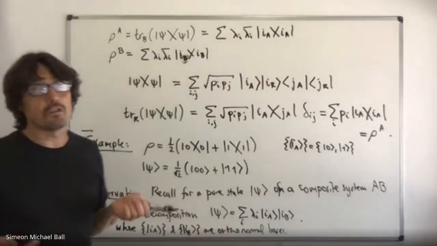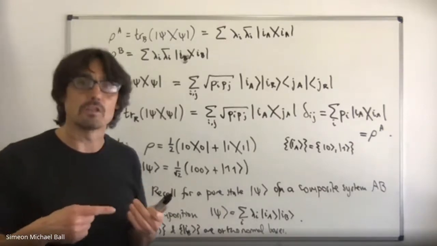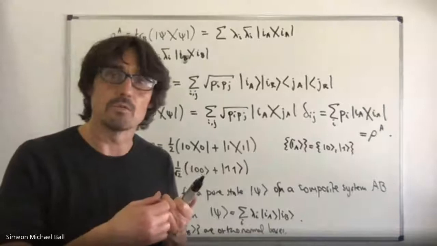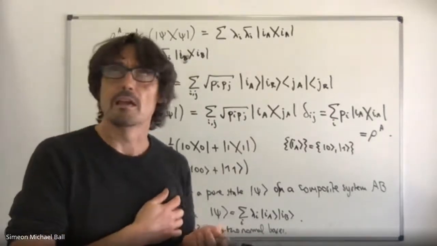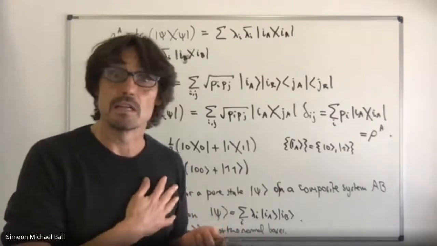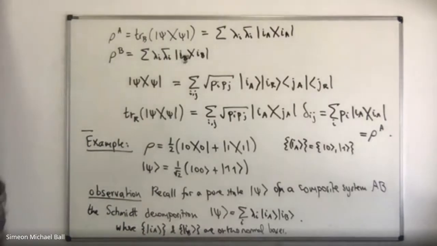Now that also follows from the fact that if you do the Schmidt decomposition, we had to use a singular value decomposition, and these values were unique, being the eigenvalues of the matrix A Hermitian A. But it's a nice observation to make.